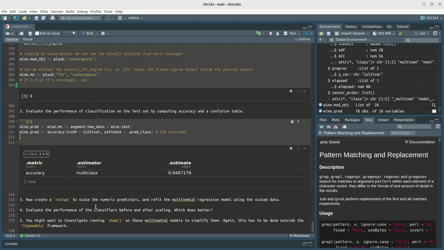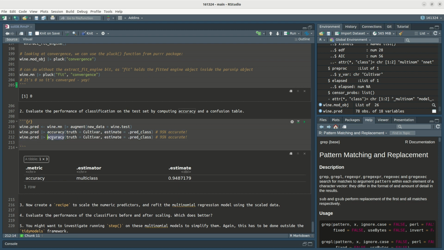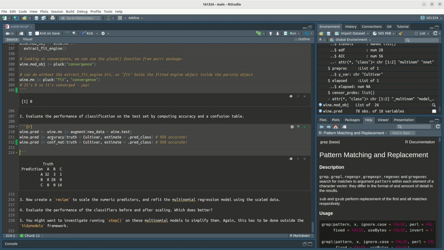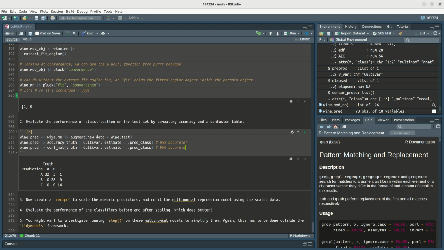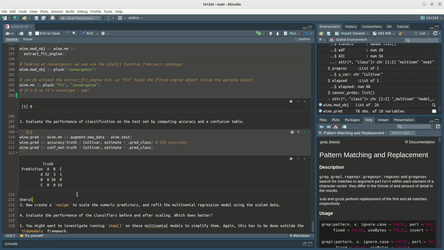Okay, and then we can have a look at the confusion matrix as well to see where we're getting things right and wrong. So overall we're doing really well. This is an easy data set to classify.